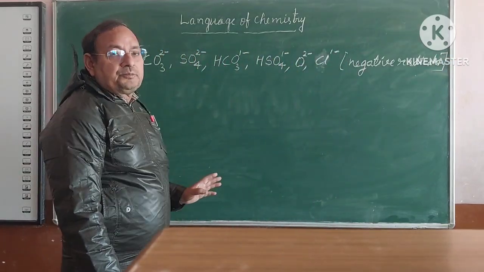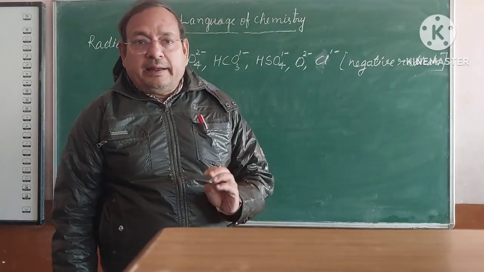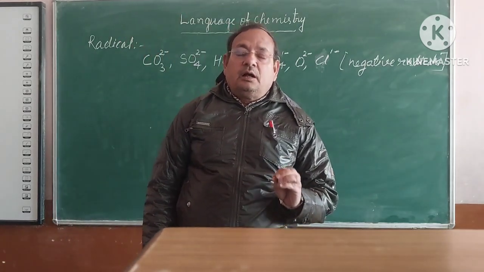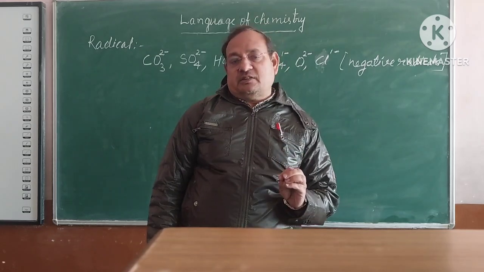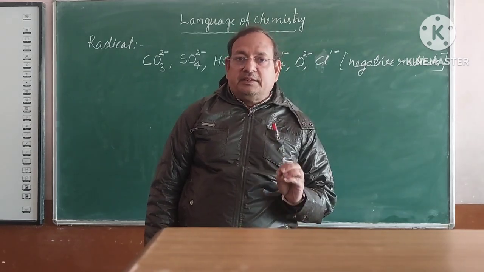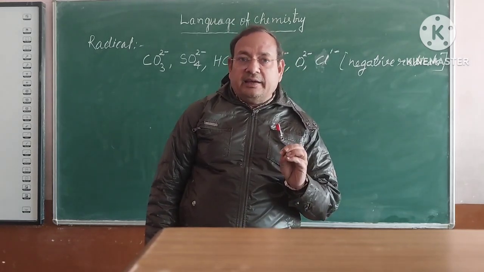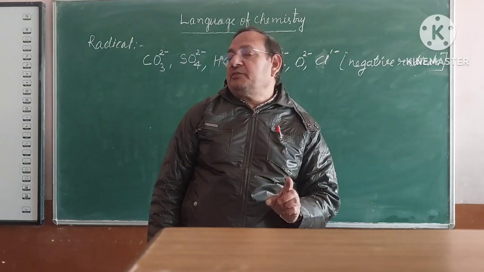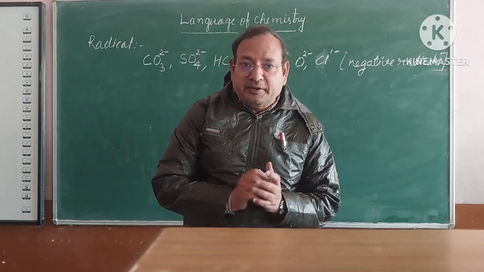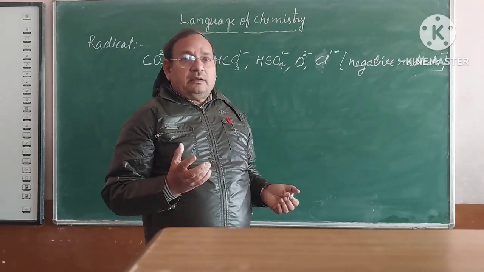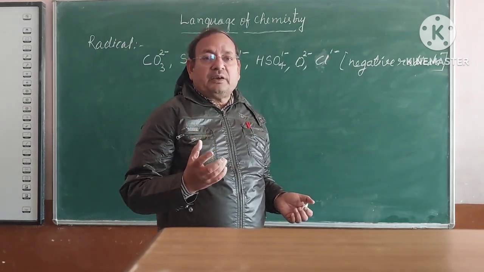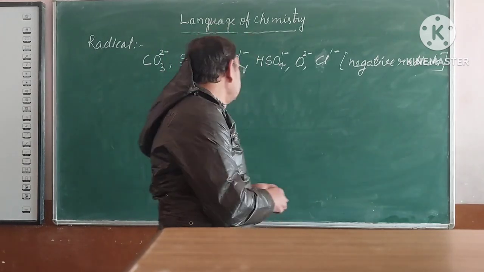In the same way, atoms or groups of atoms having positive charge on them are known as electropositive radicals. I am going to give you some examples of electropositive radicals.